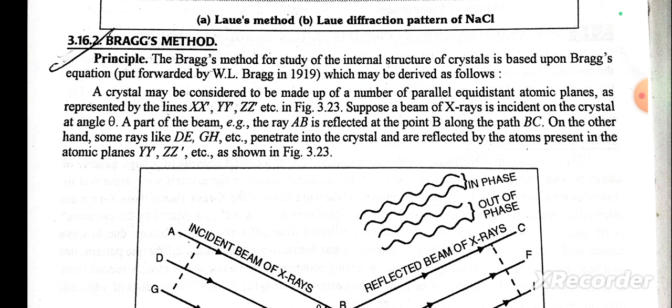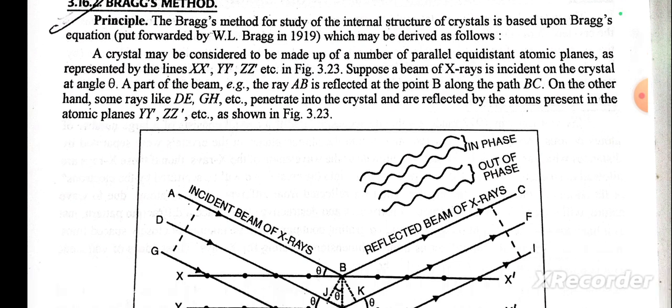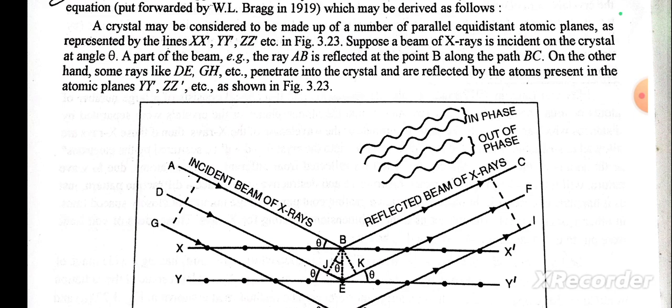Suppose a beam of X-rays is incident on a crystal at angle theta, and a part of this beam may be reflected at a point B along BC.